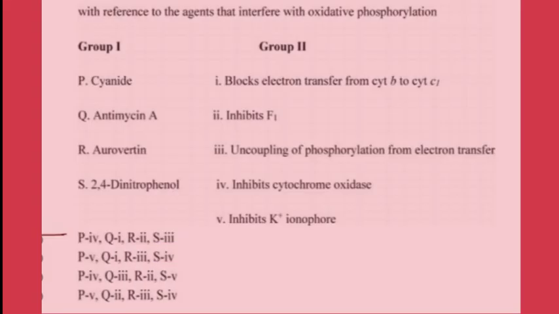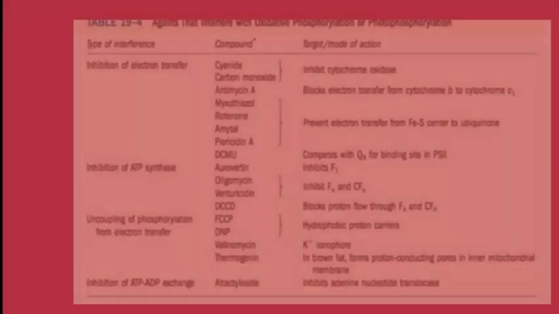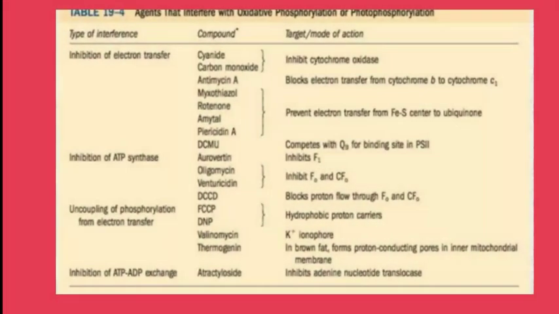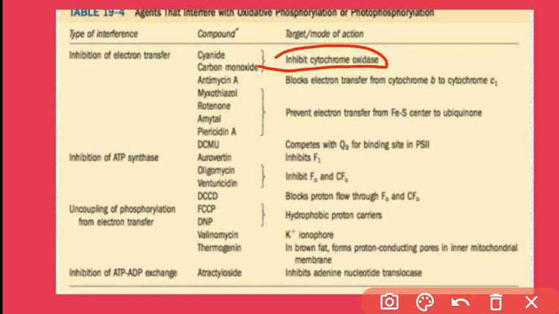Then moving to the next question. Here some inhibitors of the electron transport chain are listed. Cyanide and carbon monoxide inhibit complex 4, that is cytochrome oxidase.